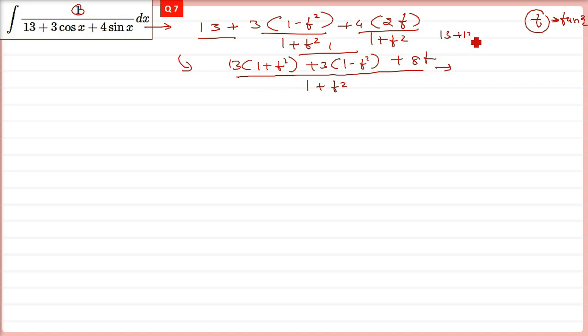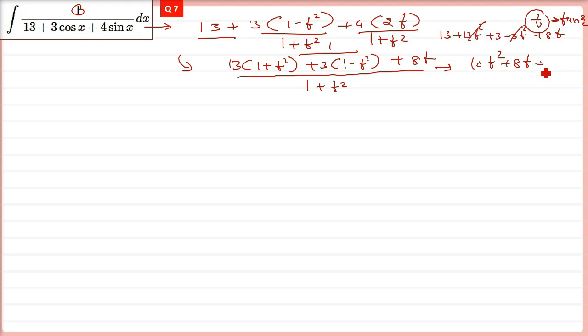So this 1 plus tan square x by 2 will go up. Now let's solve this one. 13 plus 13t square, 3 minus 3t square and 8t. So what do we get? 13t square minus 3t square will give you 10t square. 8t is already there. There is no other t term. And 13 plus 3 will give you what?